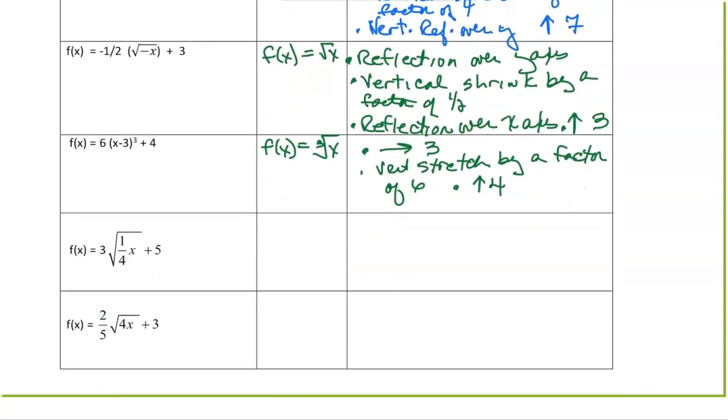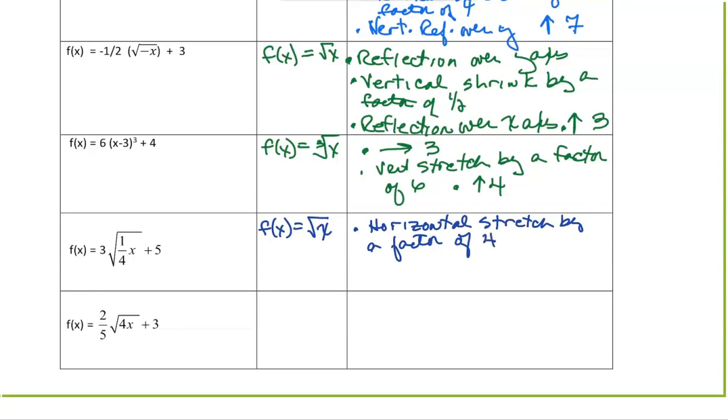Okay, next one. Looking at that, I see that the original function being transformed is radical x. And it looks like a shrink, but it's actually a horizontal stretch by a factor of not 1/4, but you actually take the reciprocal.